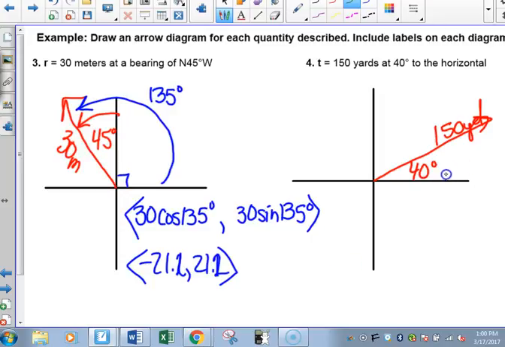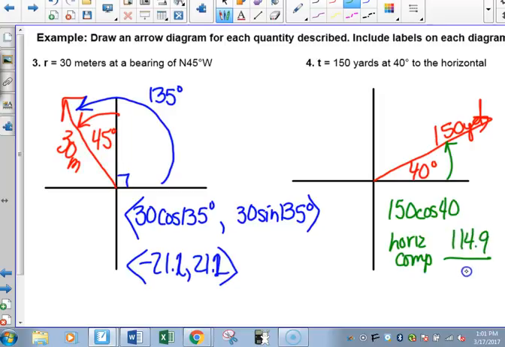All right, what are we going to use on this one? Just 40. So can you do that one quick? So if it asked only for the horizontal, 114.9, did someone get that?